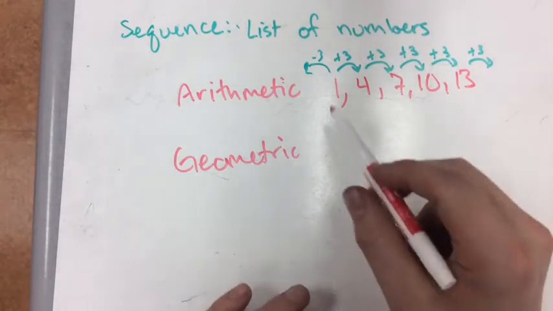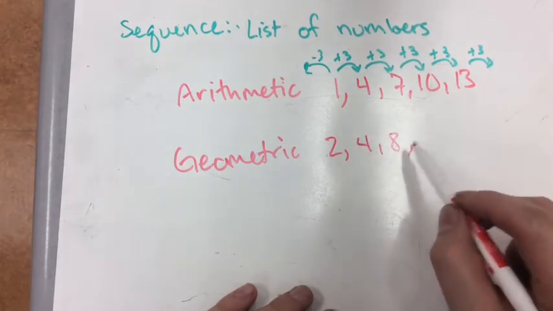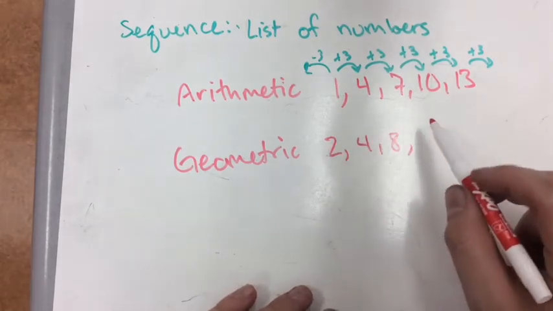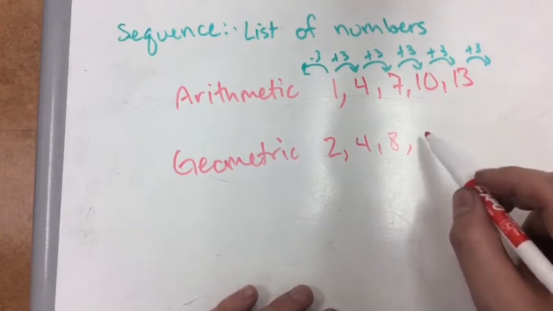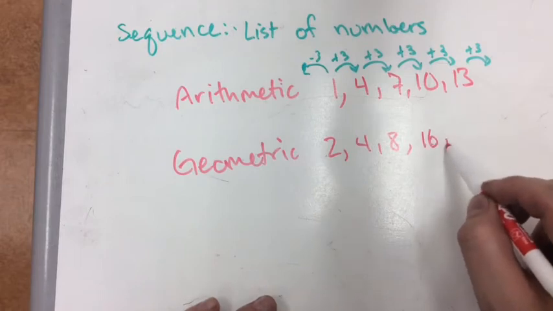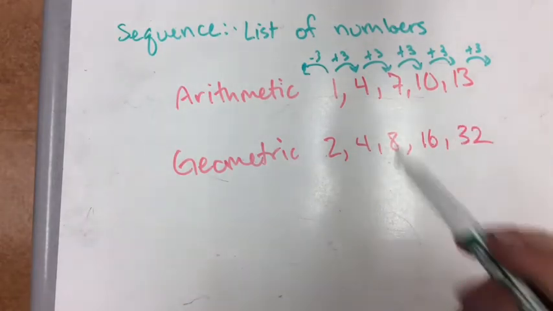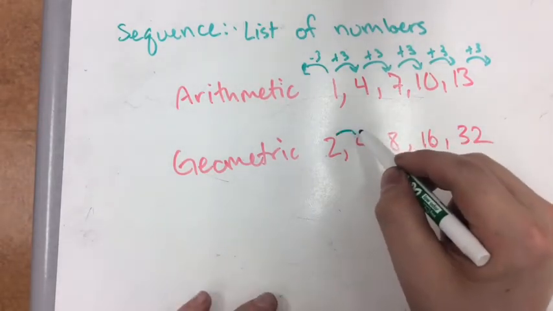Geometric sequences have a generator that is a multiplication or a division. But a division is just a multiplication by a fraction, so really we just say it's a multiplication. How did we get from 2 to 4?